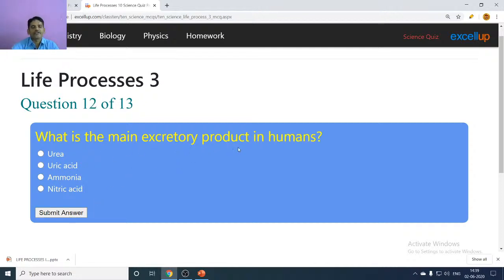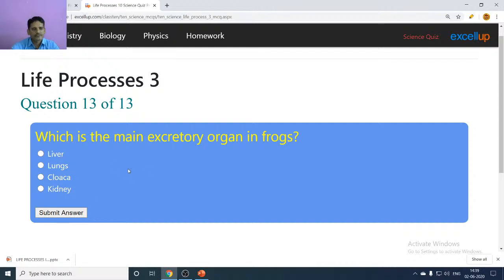What is the main excretory product in humans? We are ureotelic. So our excretory product is urea. Last question. Which is the main excretory organ in frogs? Frogs are vertebrates. So kidneys are the main excretory organs.